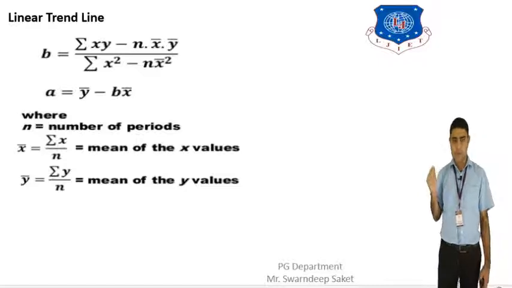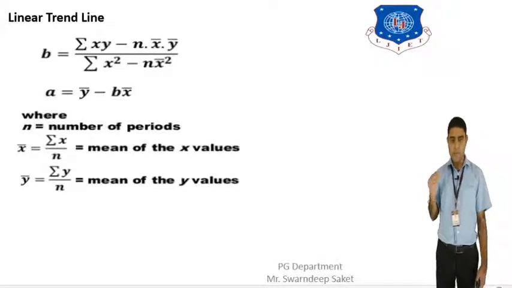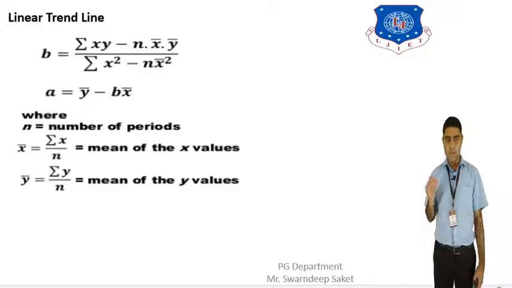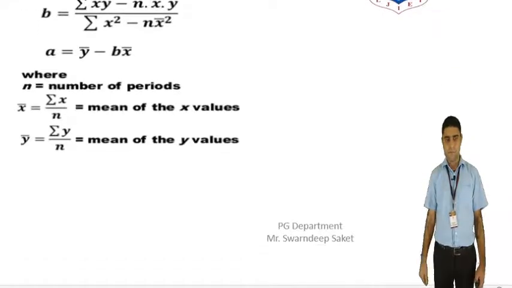So we have to calculate the mean values of x and y and the number of periods, and then we will get the linear trend line.